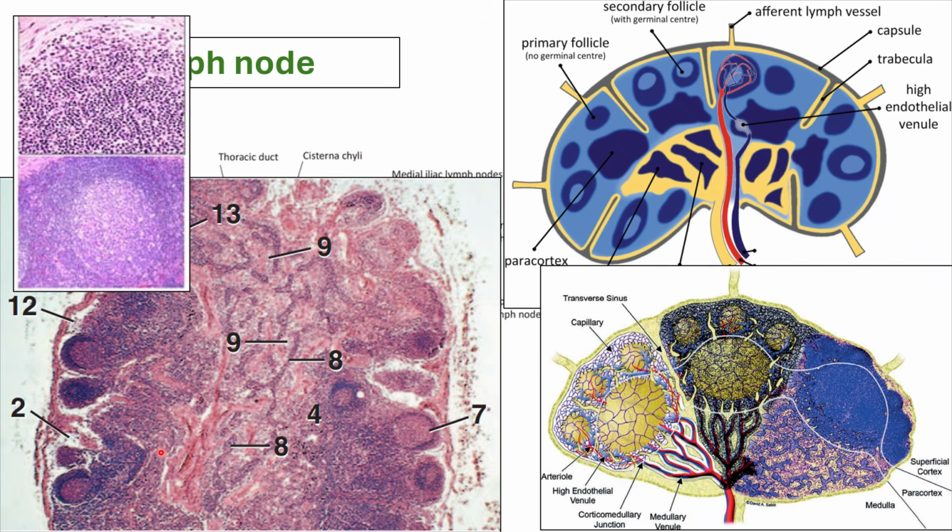While your T cells in the paracortical area are the ones that act against intracellular insults, aka your viruses. Okay? So please do not forget those. Again, it is quite difficult to identify the different subtypes of lymphocytes based on their actual cellular structure. But we can assume because we know where the compartments are in the lymph node.